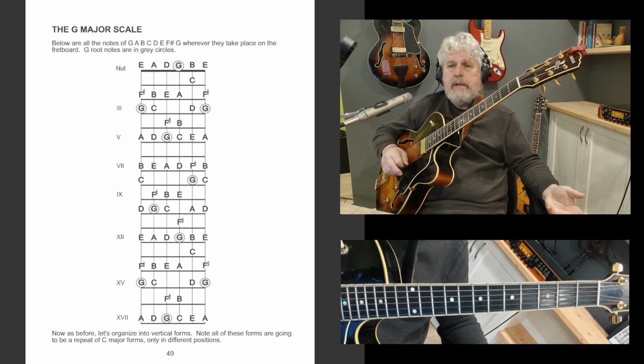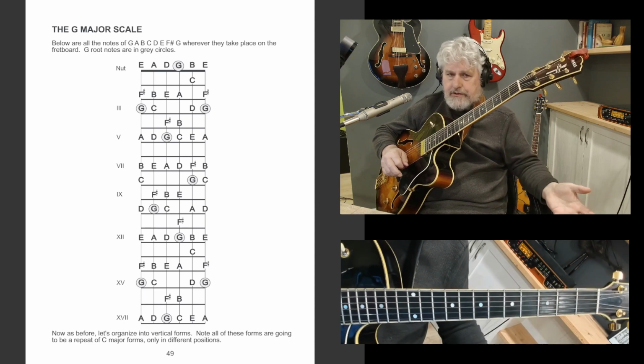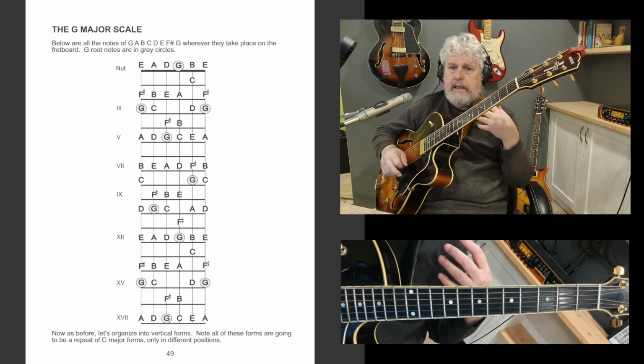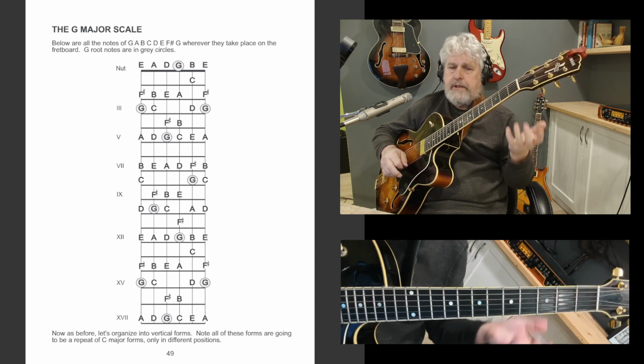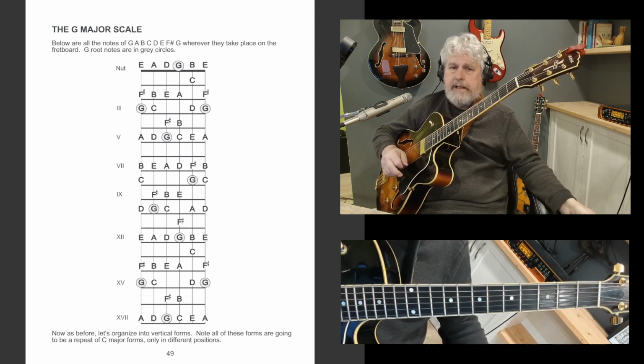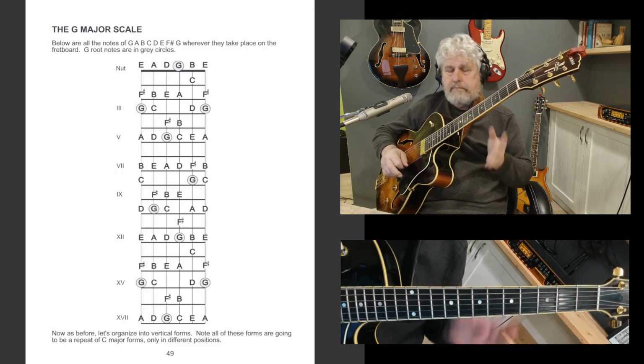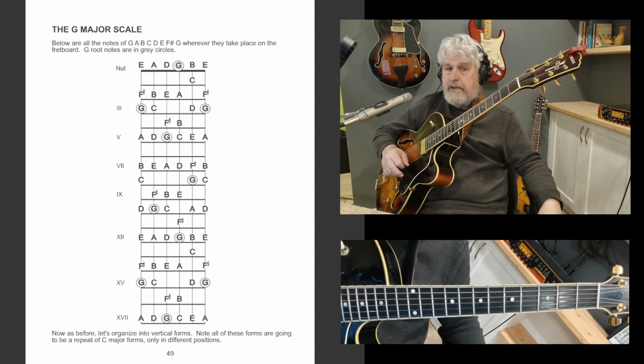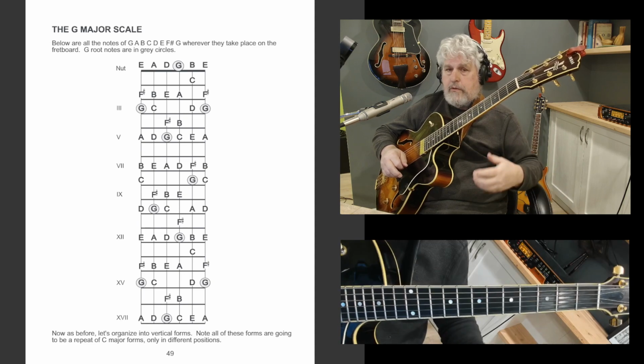But it doesn't really have to be an alteration. It happens naturally through the expression of a single scale and its harmonization throughout the key. Right now we're just talking about the 4.